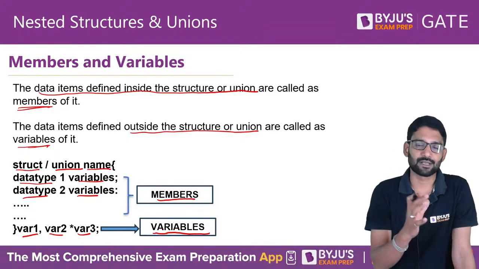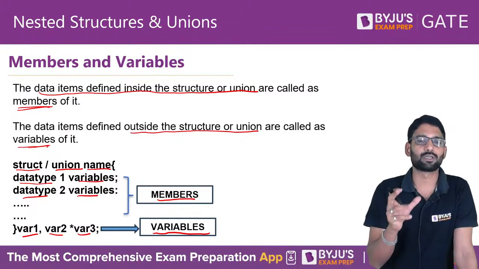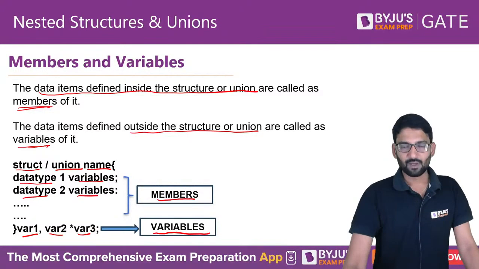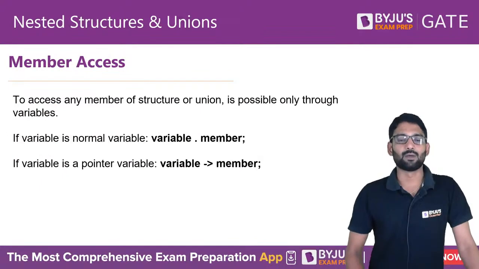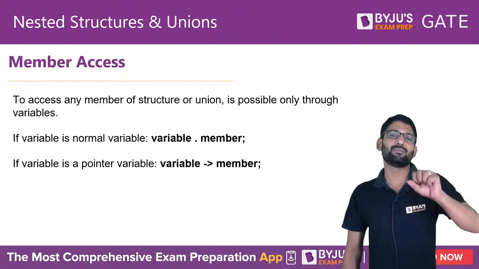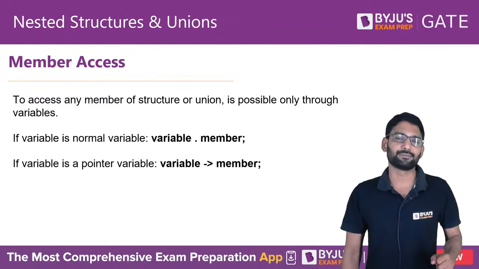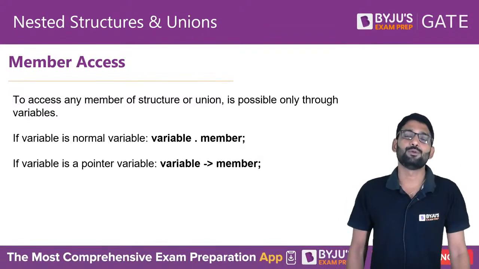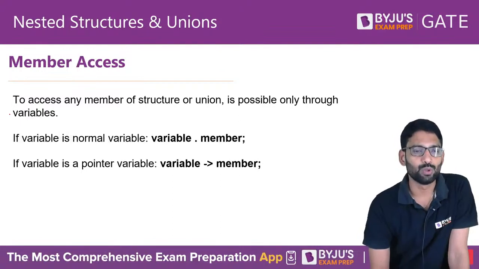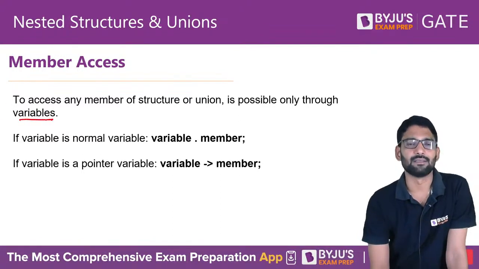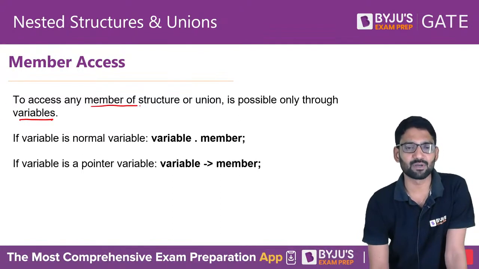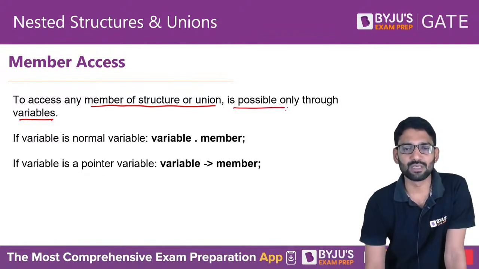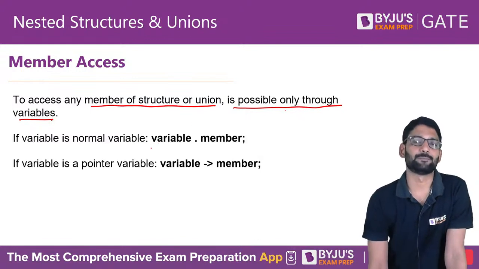Yes, is this terminology clear? What are members and what are variables for the structure or union? Right. Now, how can you access any member of the structure or union? You can't access any member directly. You have to access it through its variable. So to access any member of the structure or union, it is possible only through a variable. How?